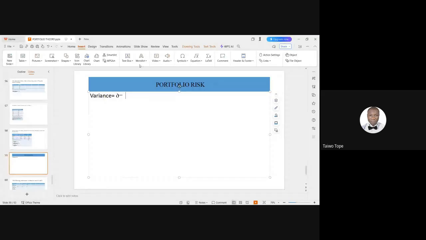We can say summation P times the bracket of R minus R bar. I believe you know how to write R bar. That is R with a dash on it. That is R bar.